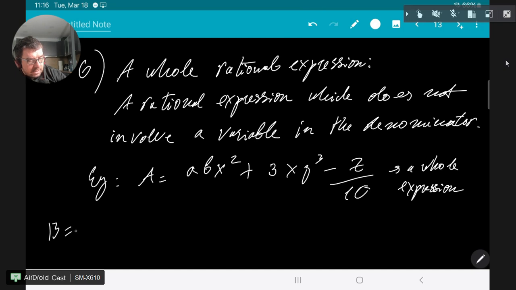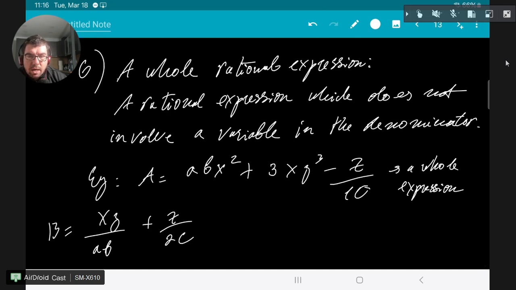If I have, for example, x y over a b plus z over 2c, okay? Now, because I count a, b, and c as numbers, as known numbers, as parameters, this also is going to be a whole rational expression. Okay?